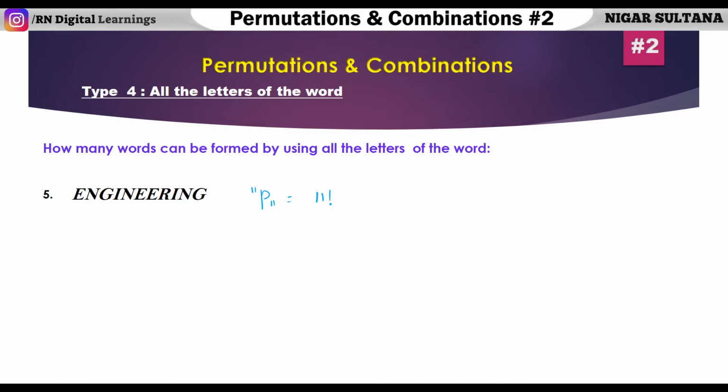Now, E we have how many times? 1, 2, 3. So E is represented thrice. N is thrice: 1, 2, 3. Next G 1, 2. Next I 1, 2.